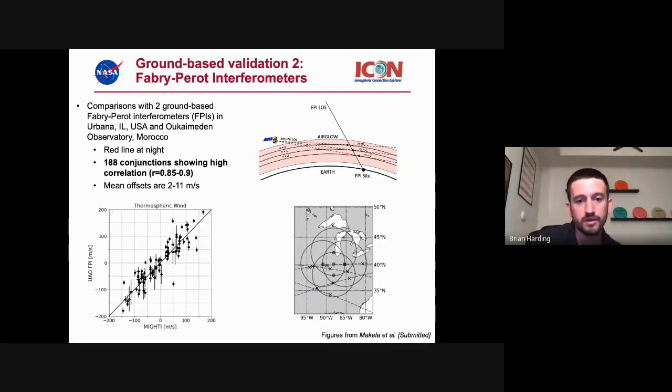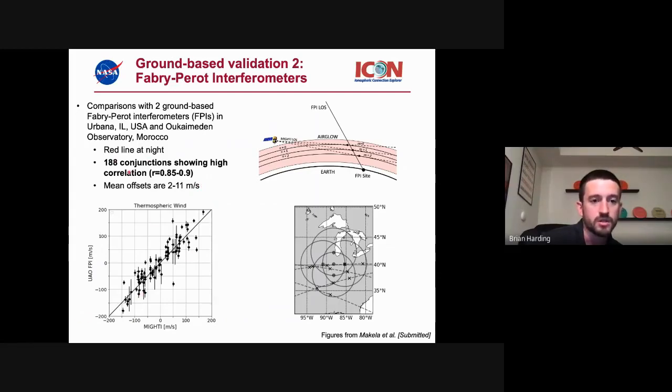So what Jonathan's done here is to take the altitude resolved wind and emission profile from MIGHTY and use that to simulate what altitude weighted wind the FPI would measure, and then compare that to the actual measurement. And that's shown as a scatter plot here on the bottom left.